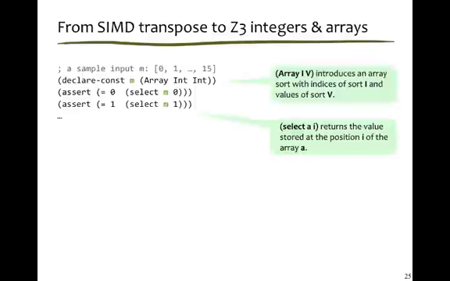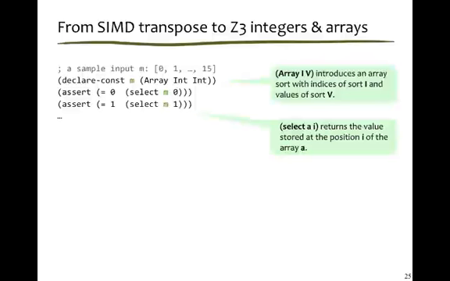The type, or sort in the logic lingo, array is parameterized. So you have to tell it what kind of things are indices and what kind of things are values. In our case, we're using only integers, so arrays are maps from Int to Int. So this is what the declaration says.